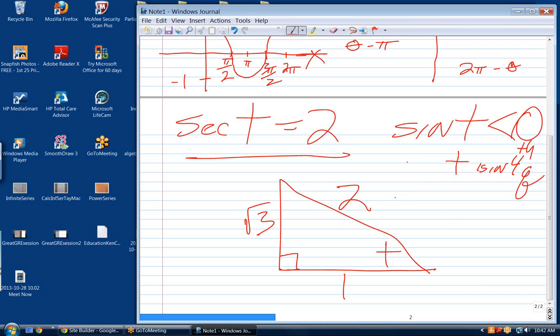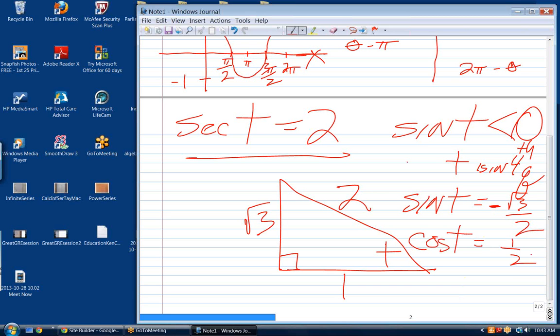And what are they asking for? Just the same thing, find all the functions. So what's the sine of T? Root 3 over 2. Plus or minus? Minus. What's the cosine of T? 1 over 2, positive.